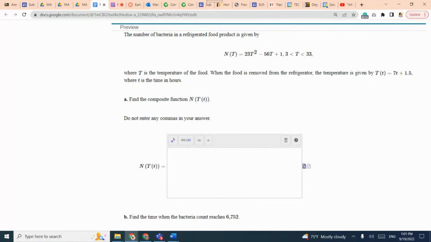Well, this means whenever you see the capital T, replace it with 7t plus 1.5, right?